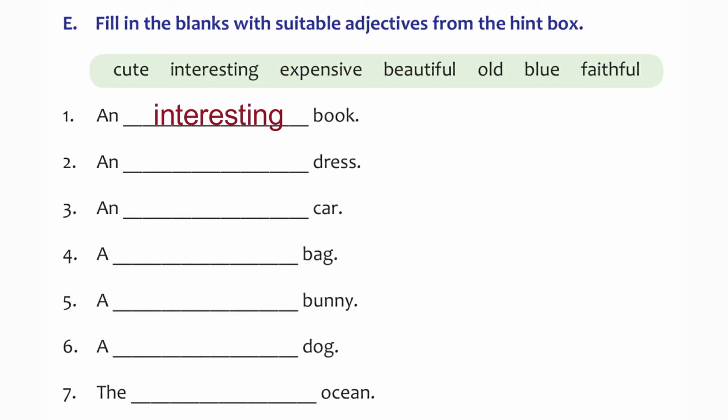You can maybe use old dress, an old dress. And then third one, an expensive car. You can write down the word expensive. And the fourth one is a dash bag. You can pick any of the hint words like beautiful. Okay? So in the same way, you go ahead and fill up the rest of the blanks also.